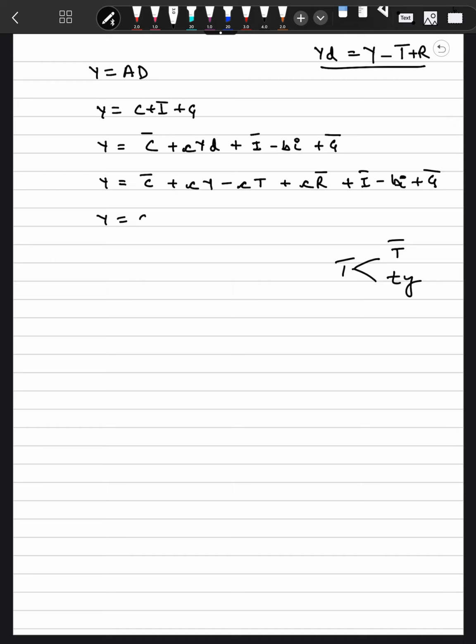So this would be C bar plus small c Y minus small c T bar minus small c T Y plus c R bar, and the rest of the equation remains the same, but I'm going to write that also. So plus I bar minus bi plus G bar.